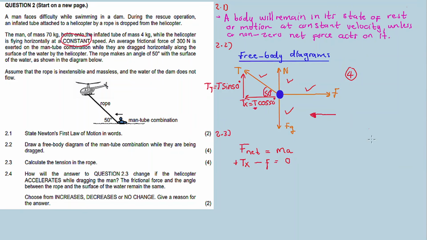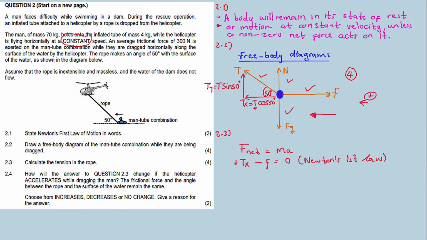If I choose to the right as positive, if I mean to the left as positive, now Newton's laws, vectors, you need to choose a direction. So I'm choosing to the left as positive, hence Tx will be positive, and the frictional force will be negative. So the F net is equal to 0 because this is Newton's first law. How do I know? It's because there's a constant speed.